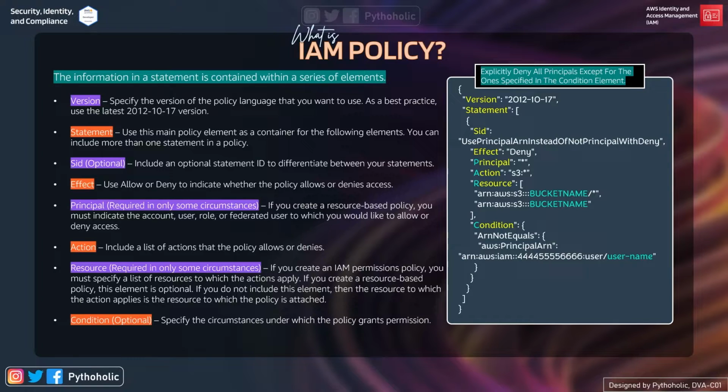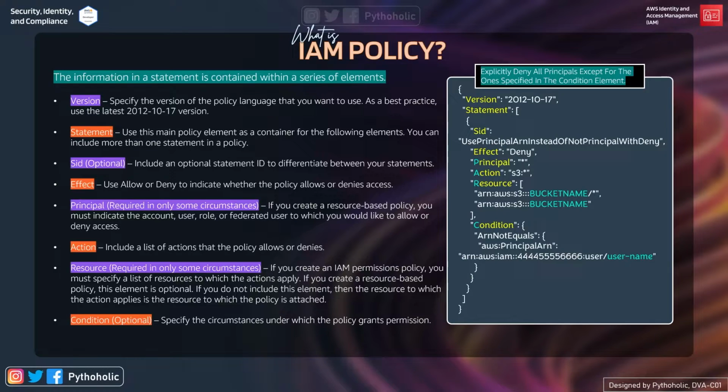The next one is principal. A principal is a person or application that can make a request for an action or operation on an AWS resource. If you create a resource-based policy, you must indicate the account, user, role, or federated user to which you would like to allow or deny access. Let's suppose you are creating a policy for an S3 bucket, which can only be used by a principal user or account.